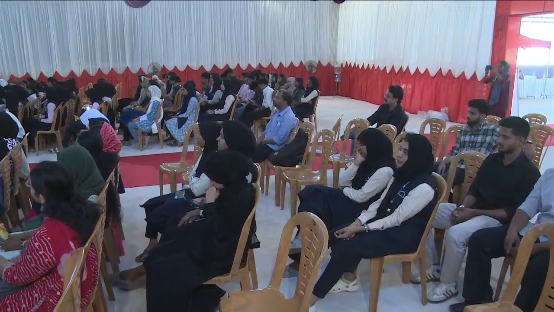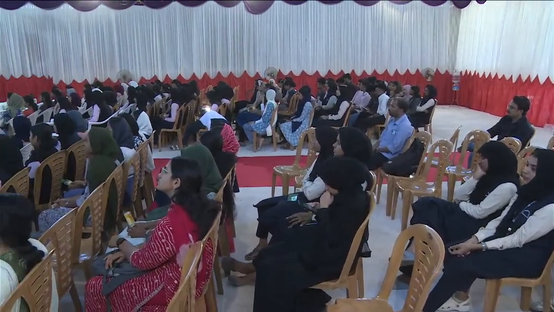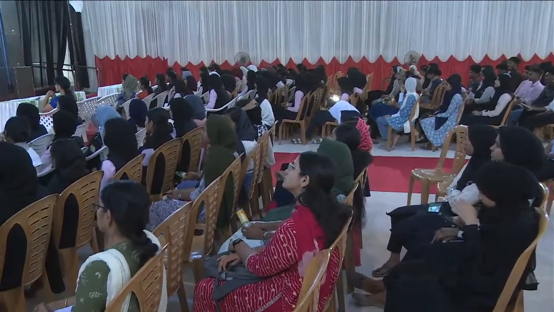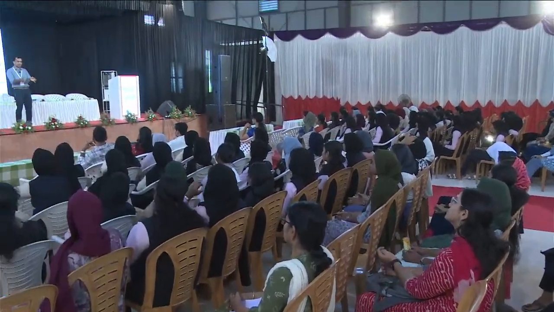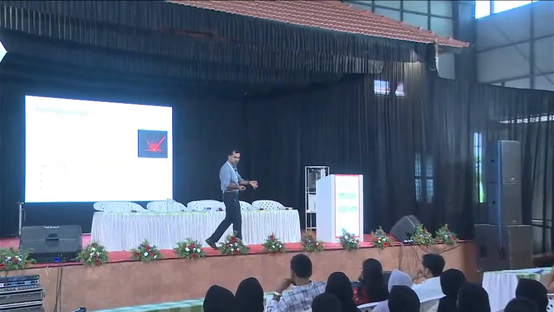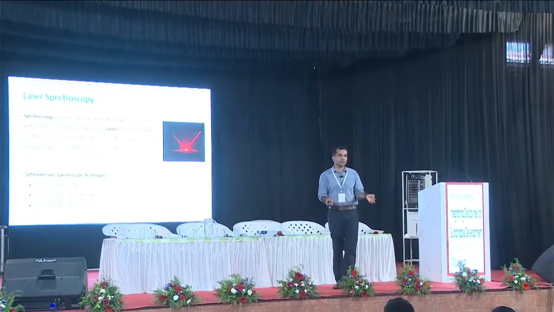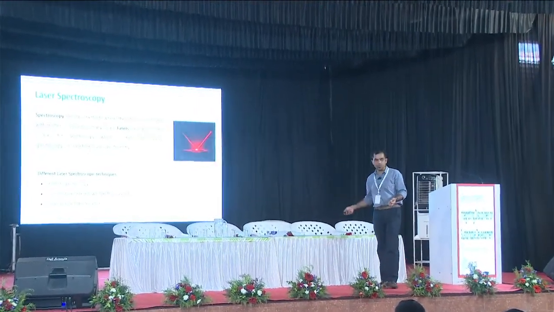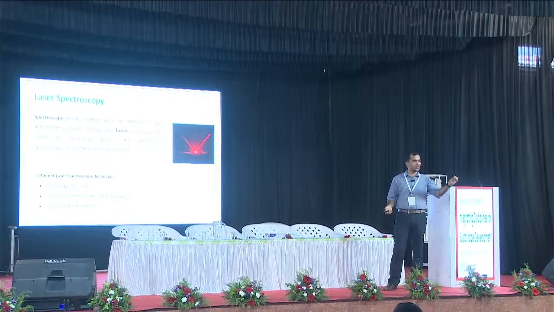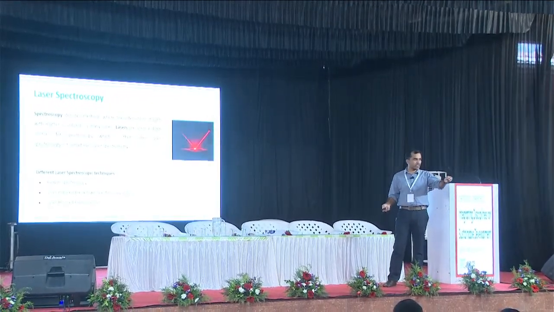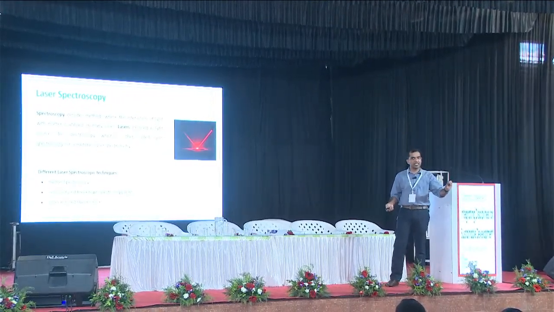If you use a laser for light-matter interaction, that is known as laser spectroscopy. Simple. If you use a laser as the light source, then the branch is known as laser spectroscopy. For example, Raman spectroscopy is a laser spectroscopy because the Raman source is a laser. The spectroscopy we are going to explain today, LIBS, is also a laser spectroscopy.